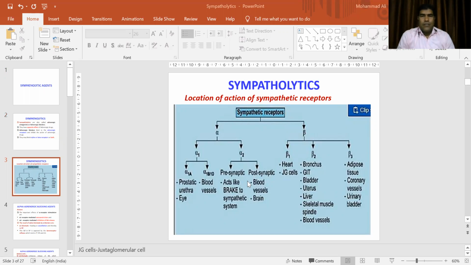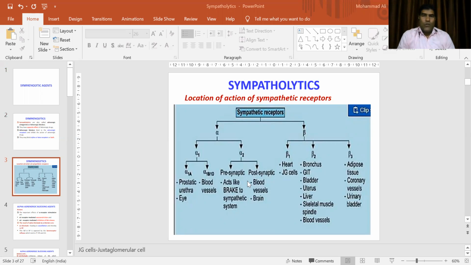Alpha 1 is again subcategorized into alpha 1A and alpha 1B. Alpha 1A is present in the prostatic urethra and eye, whereas alpha 1B is present in the blood vessel.